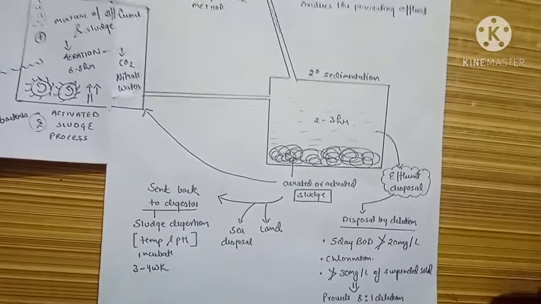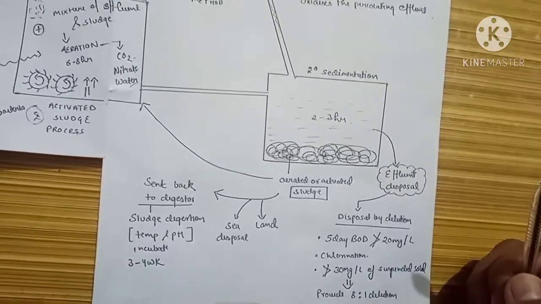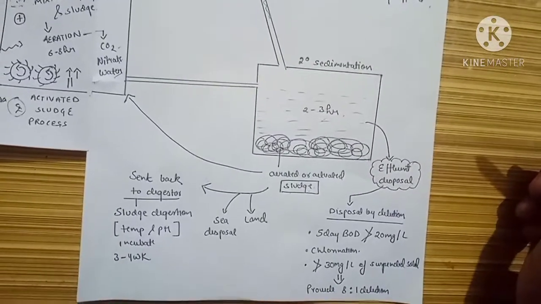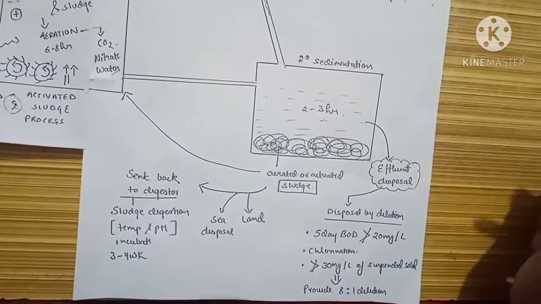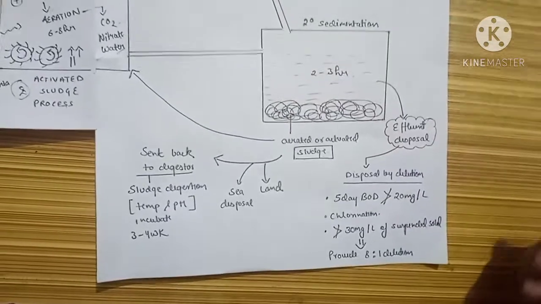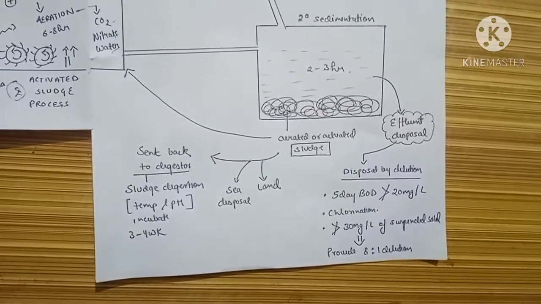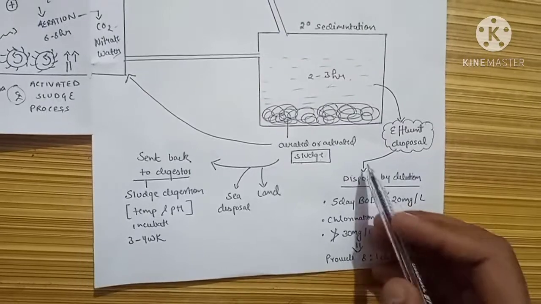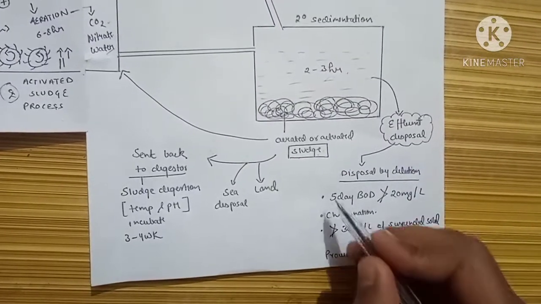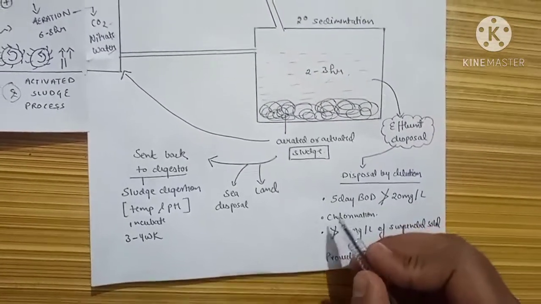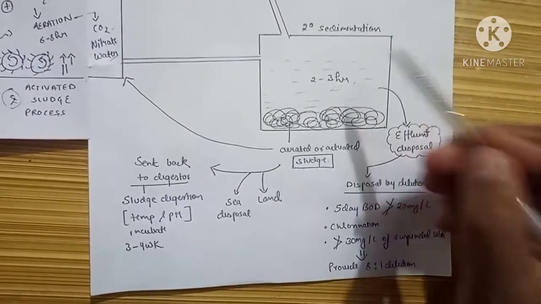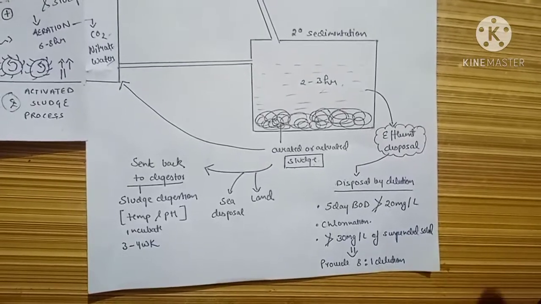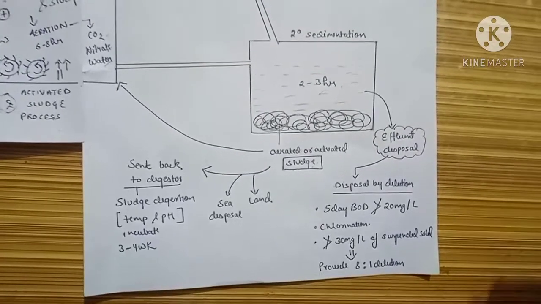The next and final thing left to treat is the effluent that now has a low BOD. This effluent needs to satisfy some criteria before we spill it directly into the river. The criteria are these three. The first is that we need to chlorinate this effluent, meaning efficient chlorination needs to take place so that the bacterial count is very low.